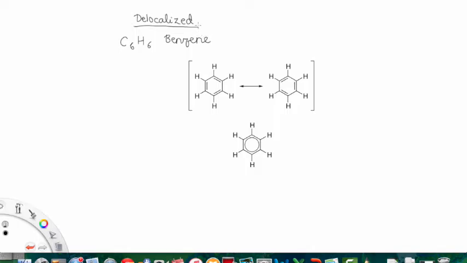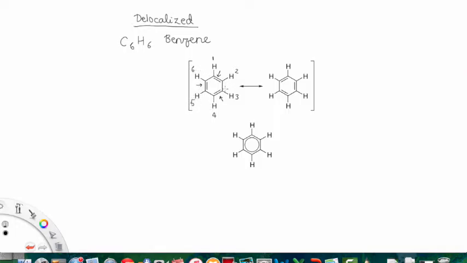Benzene has 3 delocalized double bonds, as you can see here. Double bond, double bond, and double bond. Now we have 2 possible structures, where let's call these atoms 1, 2, 3, 4, 5, and 6.